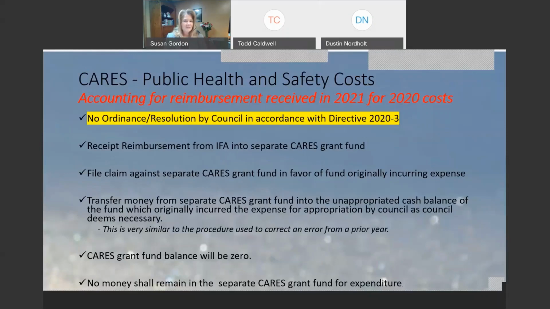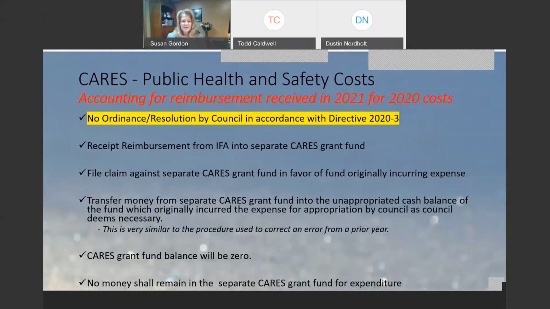Okay, so we're still on public health and safety payroll costs, but what happens when council has not adopted that ordinance that's talked about in Directive 2020-3? We're still going to receive the reimbursement from IFA into the separate CARES grant fund. And then you'll file a claim against the CARES grant fund in favor of the fund which originally incurred the expense.